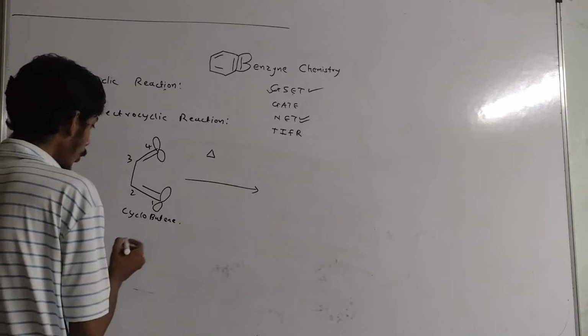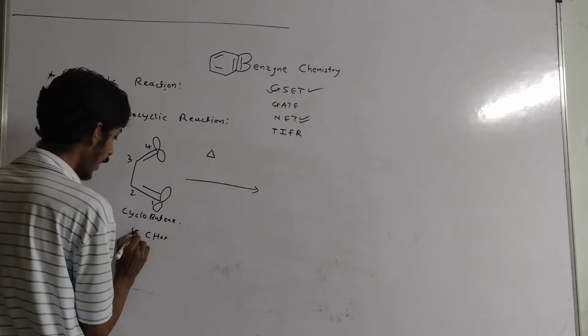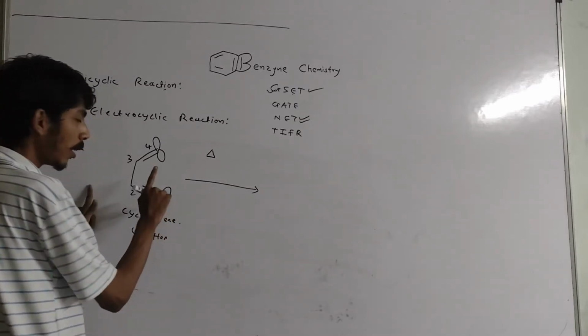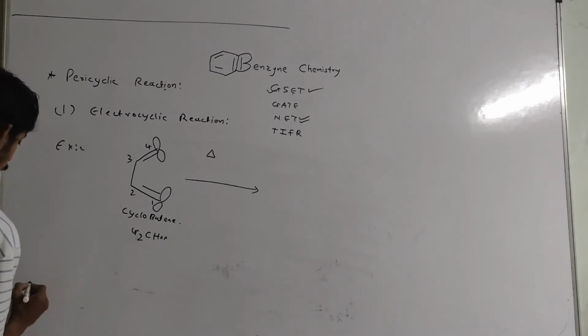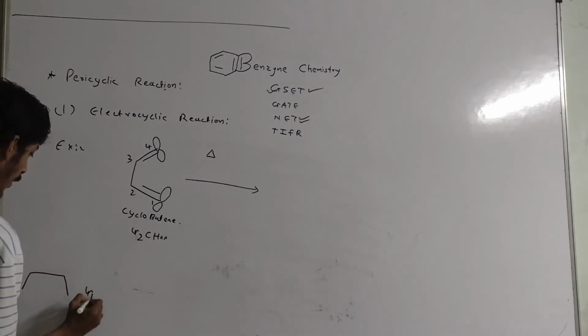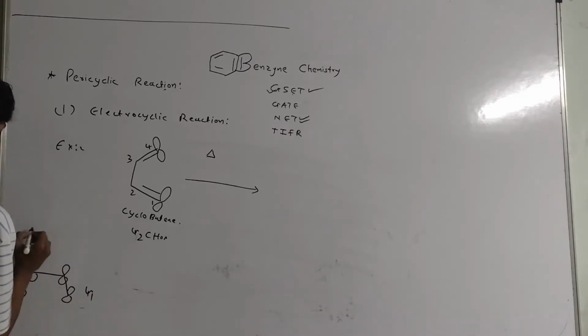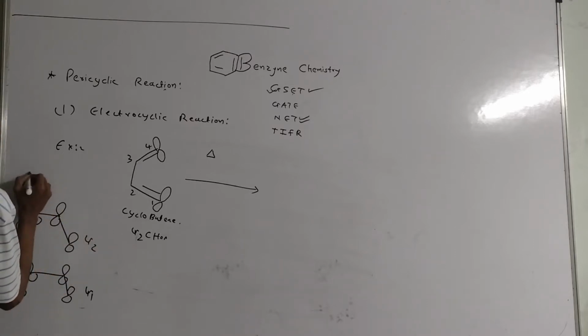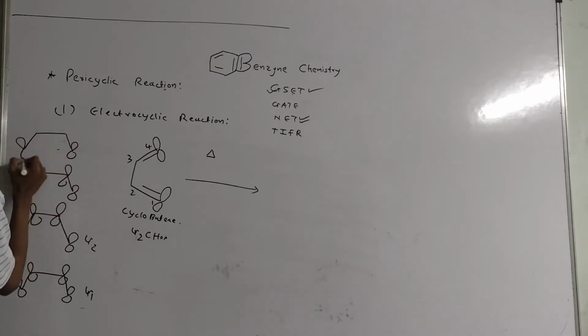In the cyclobutane, psi 1 is a HOMO, psi 2 is a HOMO. There are 4 wave functions possible for the cyclobutane. Let me summarize the wave functions. This is psi 1, this is psi 2, this is psi 3, and this is psi 4.